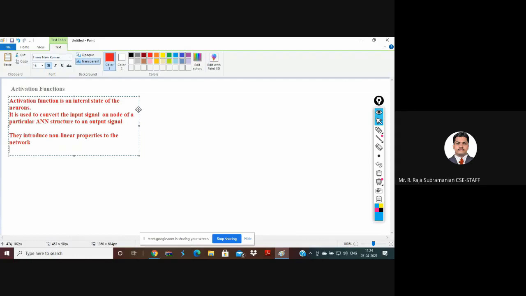Let us see what happens if there is no activation function available. Without an activation function, the model will fail to generalize. It will not generalize well without an activation function.